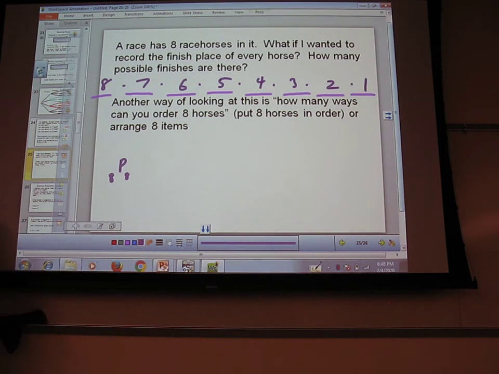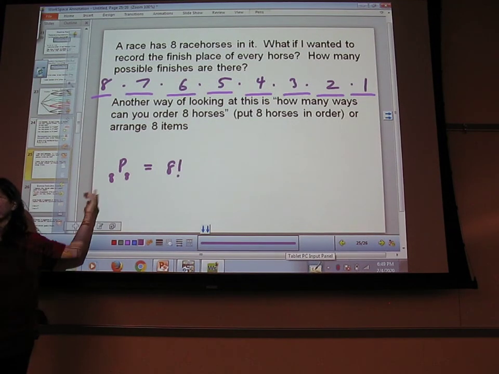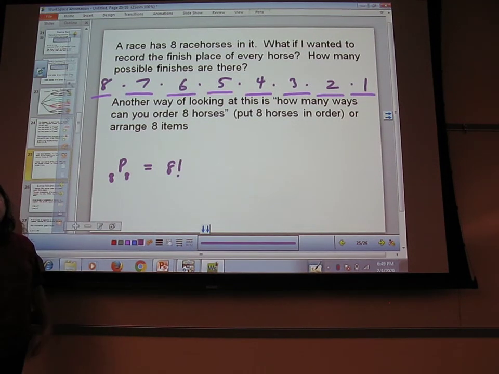So really, 8 factorial is just a special case of a permutation when you're picking all of them. Does that make sense? When they say order, they really mean arrange. How many ways can you arrange 8 horses? I'm going to put you in the first spot, you in the second spot, you in the third spot. You can kind of move them around.